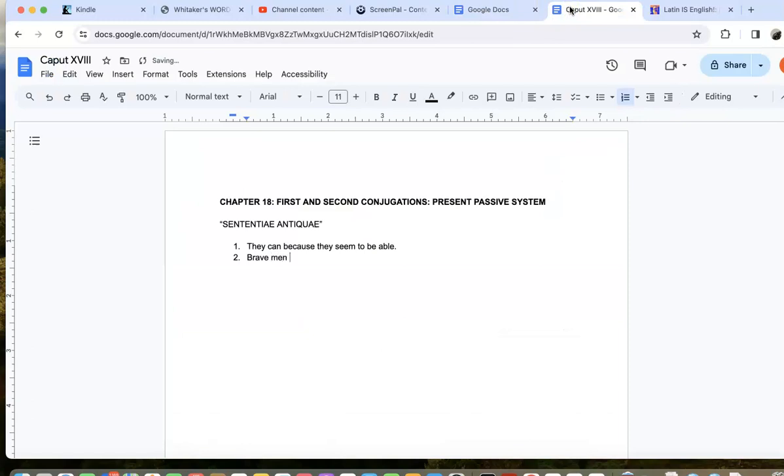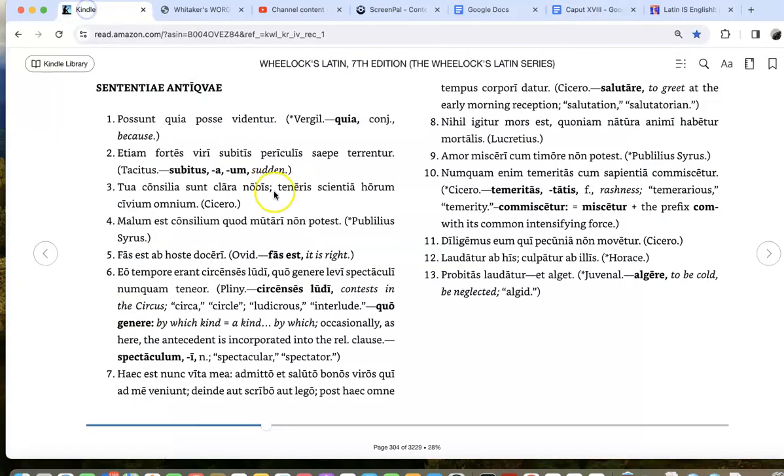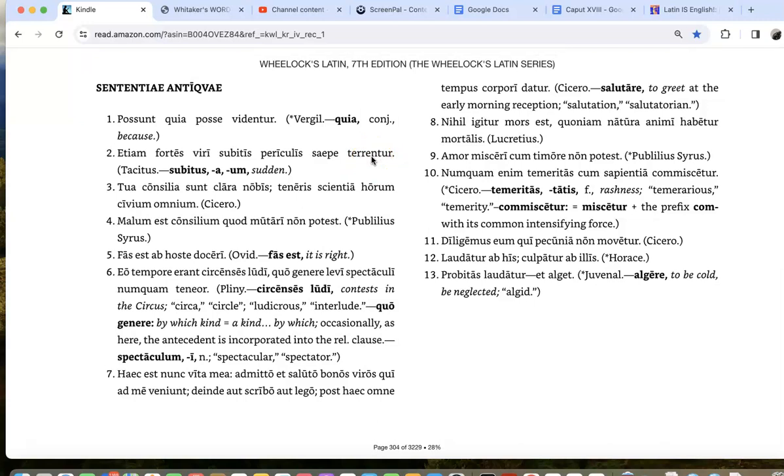Brave men, or courageous men, are also... I'm going to put the passive in here, and you'll see why English prefers active versus passive. If we go back to the example, our passive verb here is terrentur, which, because it has the -ntur, is passive. And so, are being terrified.